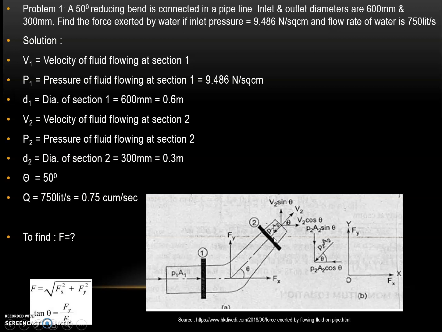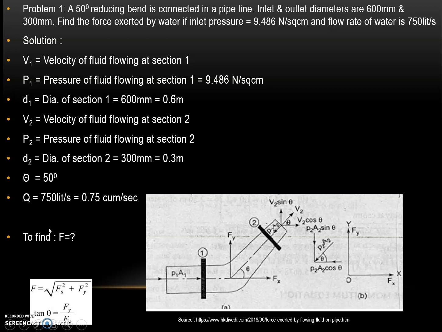P2 is the pressure at section 2 and D2 is the diameter at section 2, which is equal to 300 mm, that is 0.3 meter. Theta is equal to 50 degree, and this angle theta has to be measured from the horizontal direction, that is the positive x direction. Q equal to 750 liter per second, which is equal to 0.75 cubic meter per second.